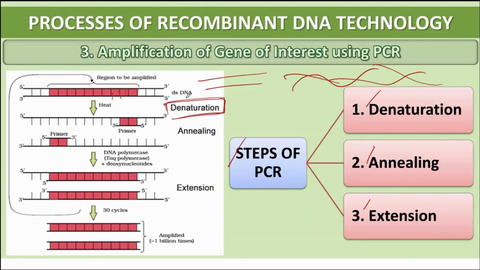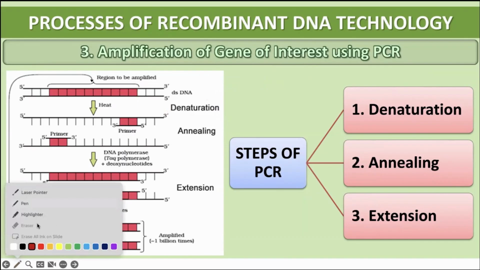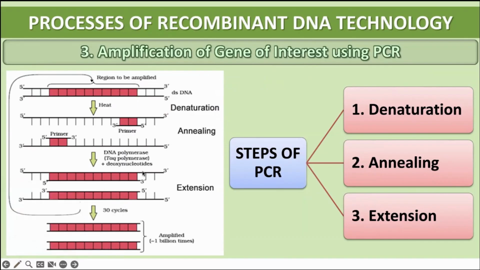So for that, we have this step called denaturation. In this step, we raise the temperature to 94 to 98 degrees, and this leads to the breaking of all hydrogen bonds.